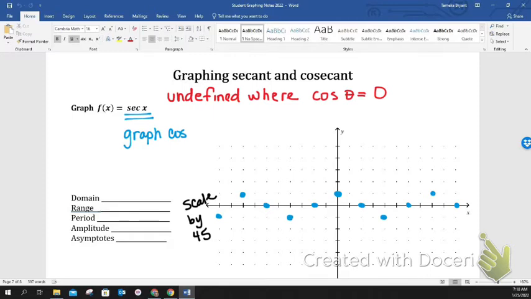So every single place where you put a point at 0, I want you to draw an asymptote in. So I'm going to draw my asymptote in. I'm going to do red. Every time you put a point where y is equal to 0, draw in an asymptote.